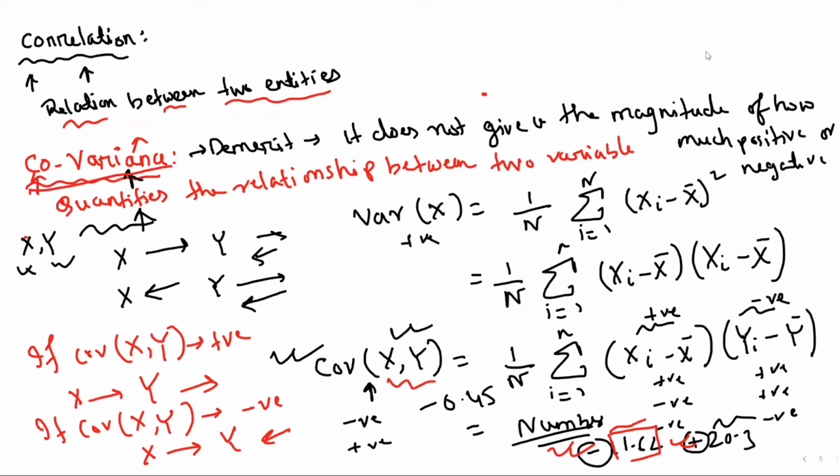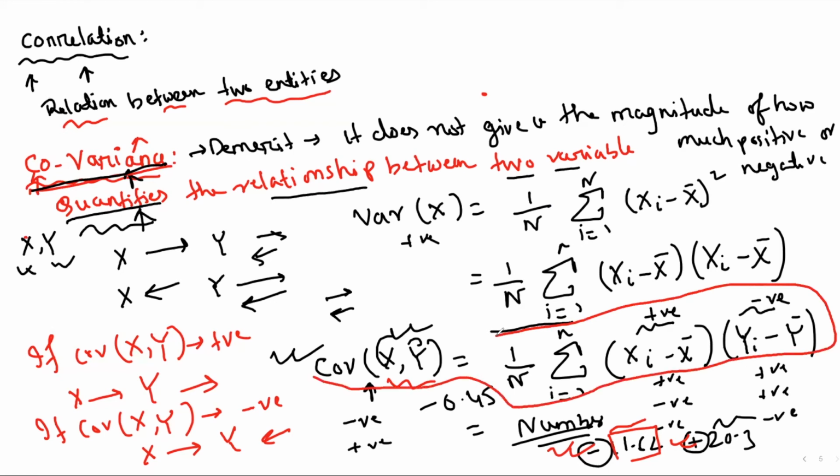Covariance helps us quantify the relationship between two variables. If you want to know whether they are positively related or negatively related, you can know by this formula, the formula for covariance.